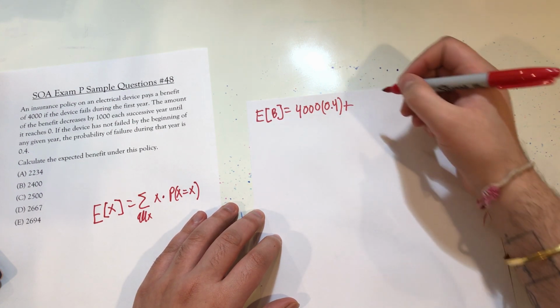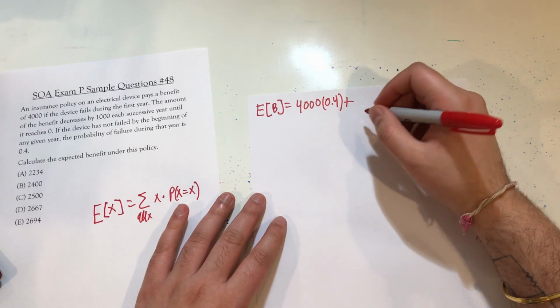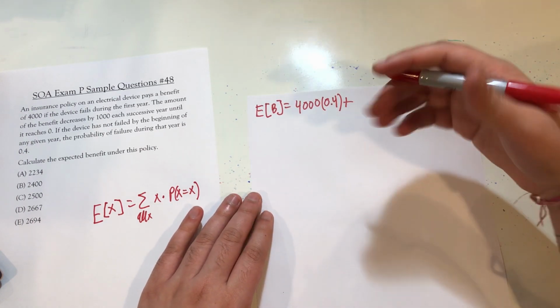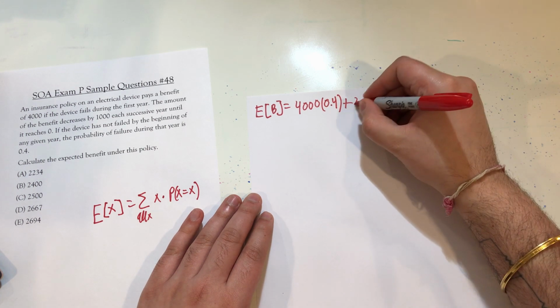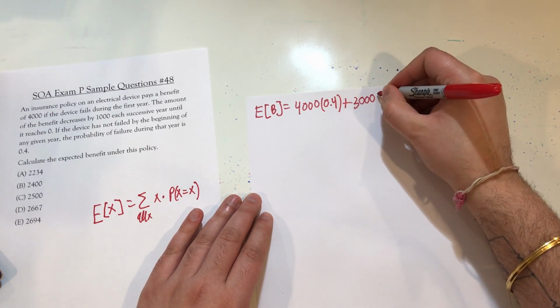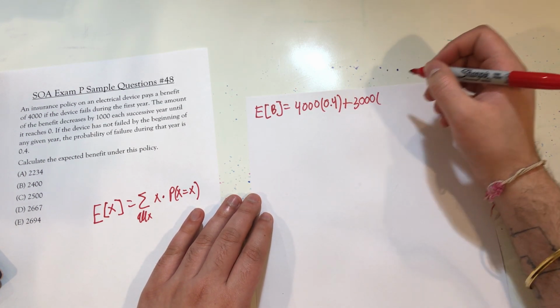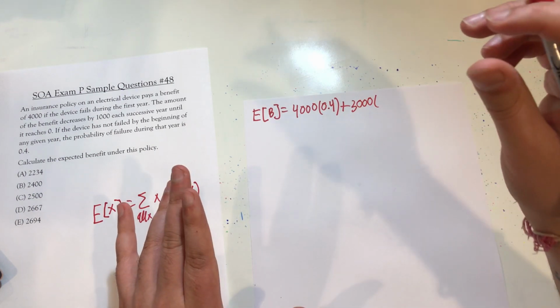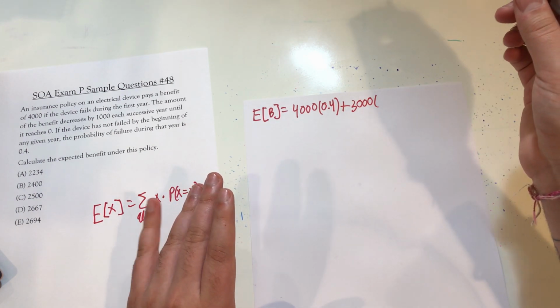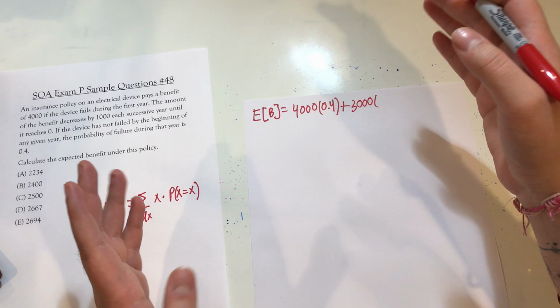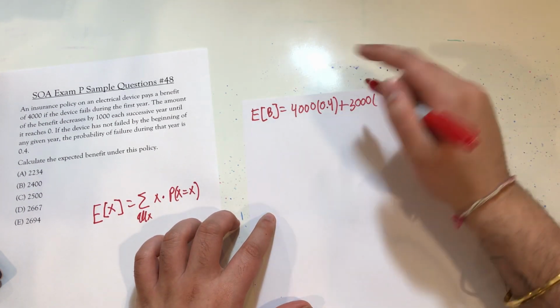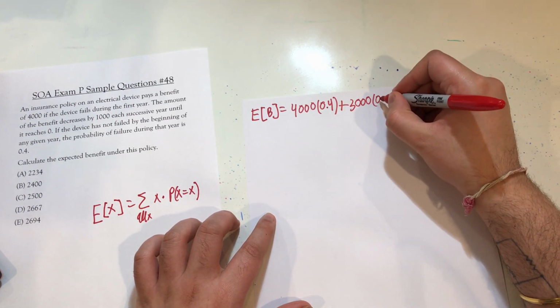Plus, now, what is the next thing? Well, it decreases by 1,000. So if it fails in year 2, that's $3,000. Now, what's the probability it fails in year 2? It's not 0.4 again. It's going to be the probability that it doesn't fail in year 1, which should be 0.6.